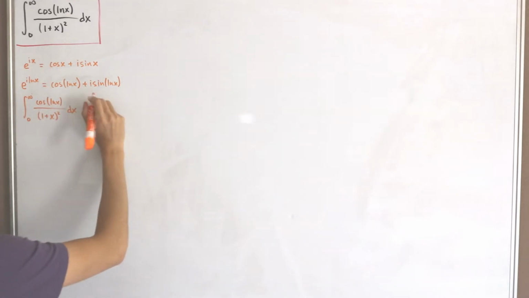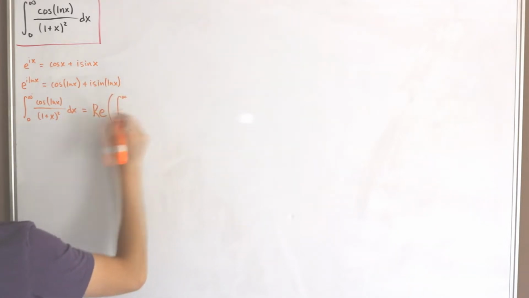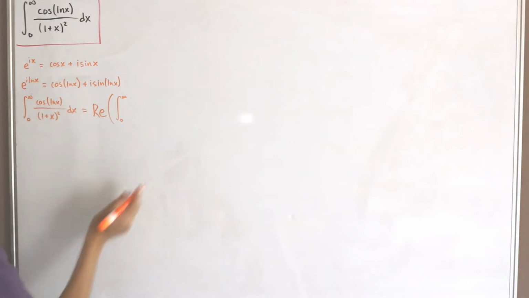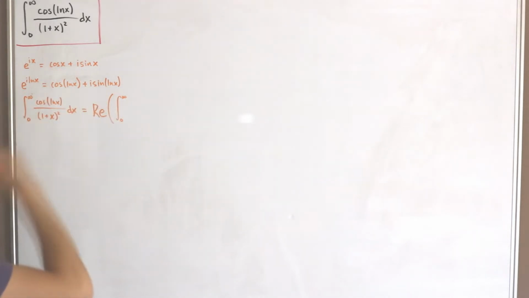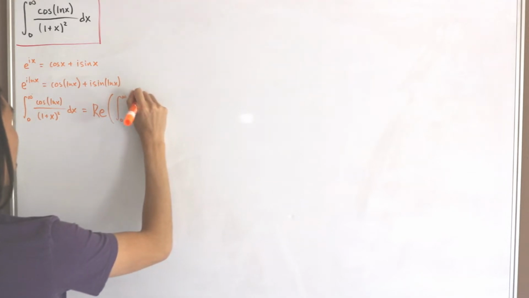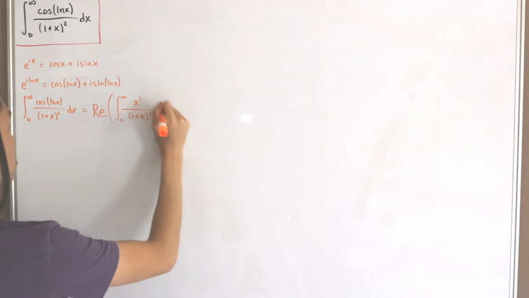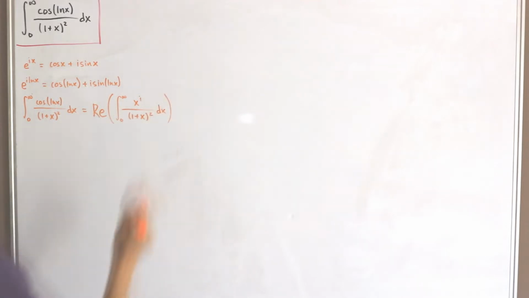Rewrite this. I'll take the real part, and this time, with the same bounds, replace the cosine of natural log of x, in the world of complex analysis, with x to the power i, and then 1 divided by (1 plus x) quantity squared dx. So now let's recall a little function we've used a couple of times.